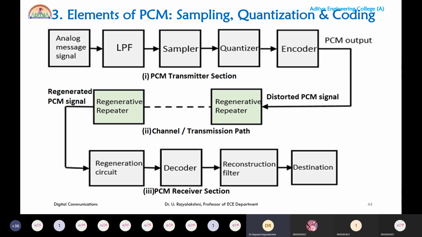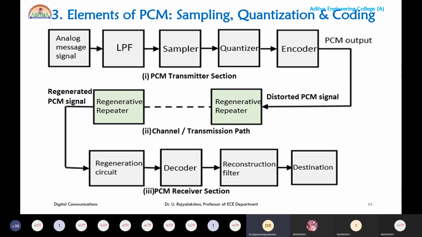Here we are representing the PCM output. For example, let us assume that the PCM output is an n bit sequence. If the PCM output is an n bit sequence, how many bits are there at the encoder? n bits.